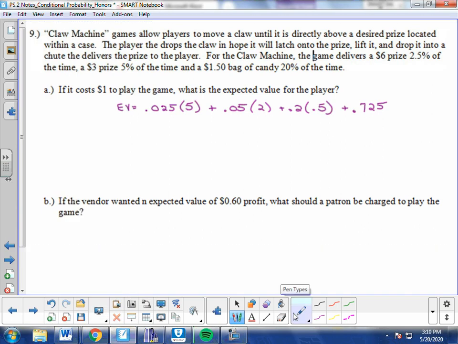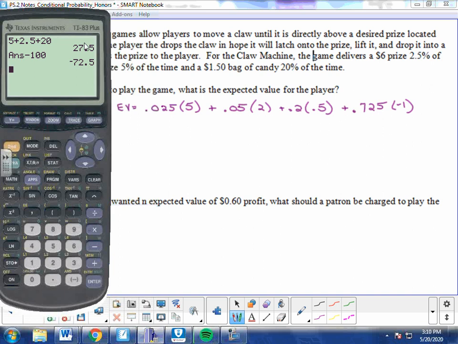And we would multiply this by -1. The reason we multiply this by -1 is because you put that dollar in, it does not come back out, so you lose that dollar. So you have a 72.5% chance of losing your dollar. So all in all, if we combine all of these together, we can get an expected value for the machine. So 0.025 times 5 plus 0.05 times 2 plus 0.2 times 0.5 plus 0.725 times -1.